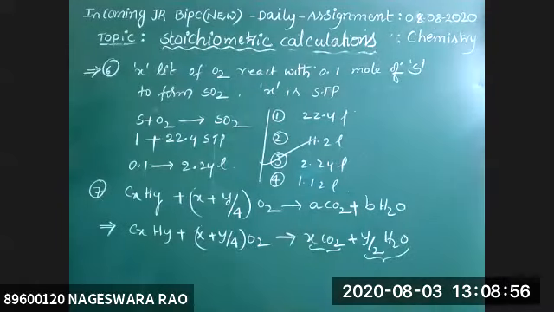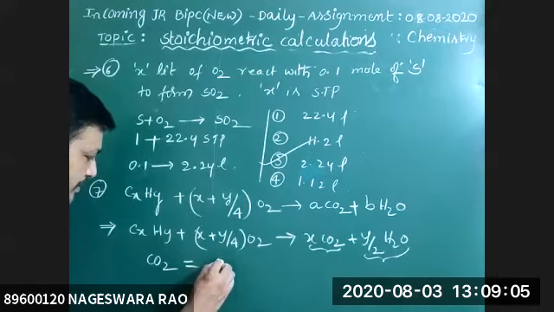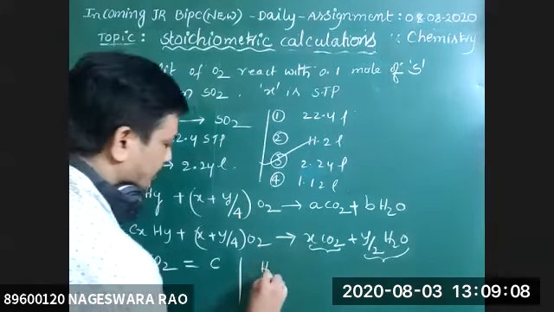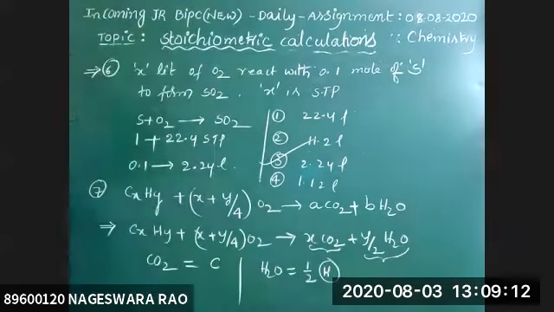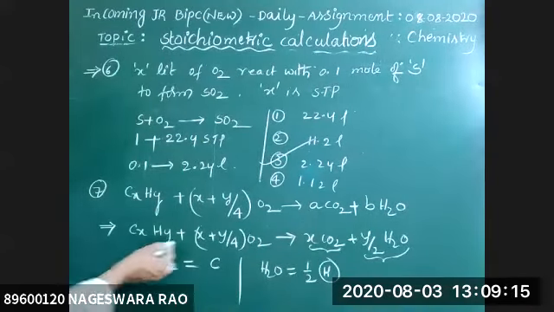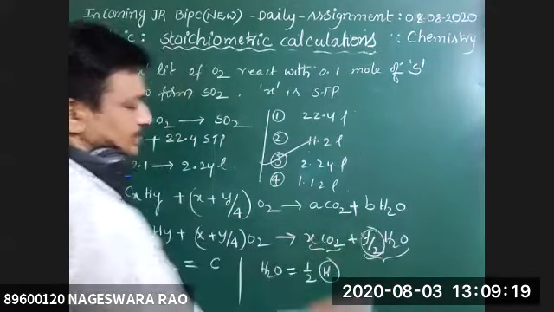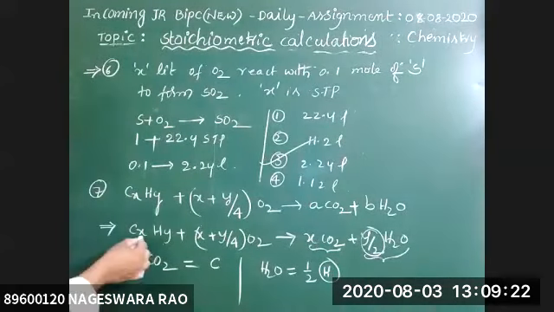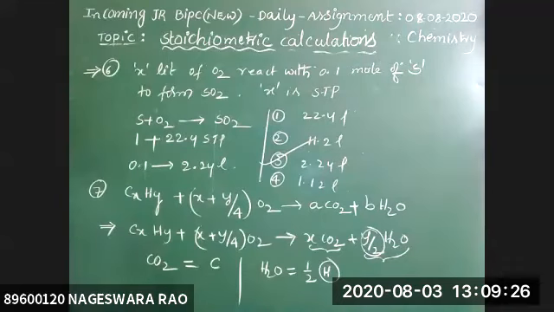How to balance? The number of CO2 is equal to the number of carbon atoms. The number of water molecules is equal to half of the hydrogen atoms. Your hydrogen atoms y are there, so the water molecules equal half of the hydrogen atoms. Your carbon x is there, so xCO2 are formed. So here a is x, b is y by 2.